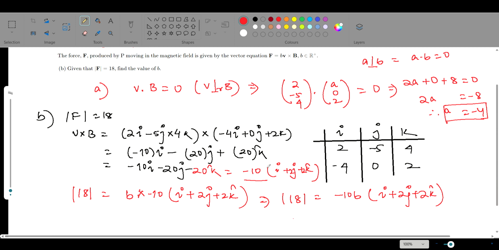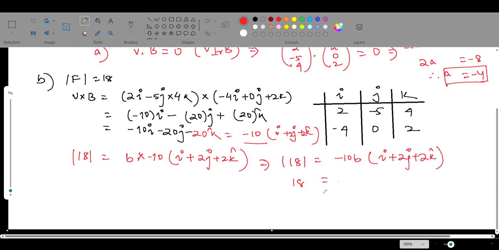Now, if I have to take the mod of one side, I need to put the mod on the other side also, right? So if I have to erase that mod, I'm going to put mod on this side. So it will be mod of minus 10b and mod of i plus 2j plus 2k.